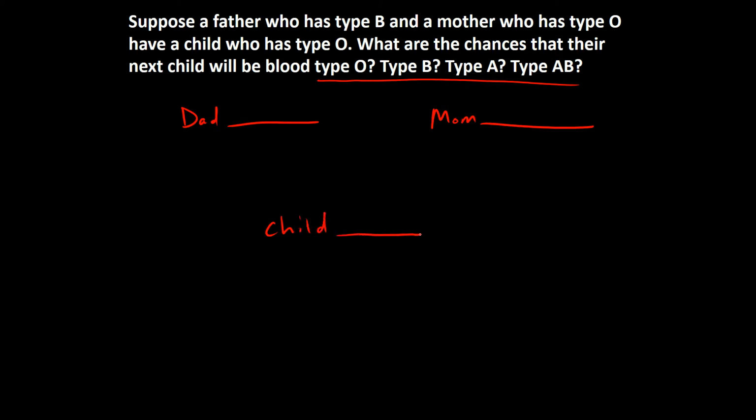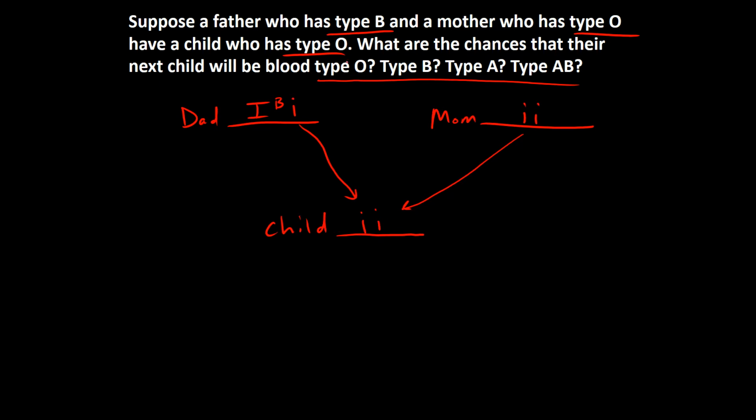The easy ones to do are always anyone who has type O. Mom has type O and the child has type O, so mom is little i, and the child is little i, little i. Father has type B, so just like the previous problem, dad is type B, so he has an I^B. But then we put that little i, because one little i has to come from dad and one has to come from mom in order for this to work out.